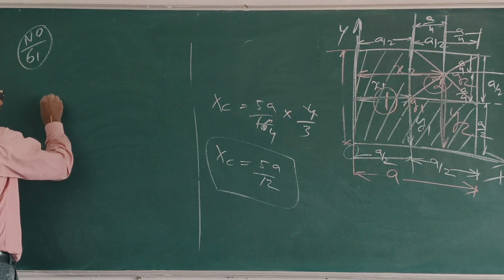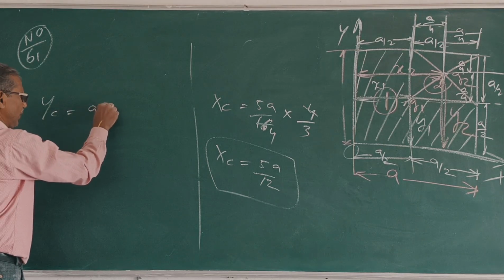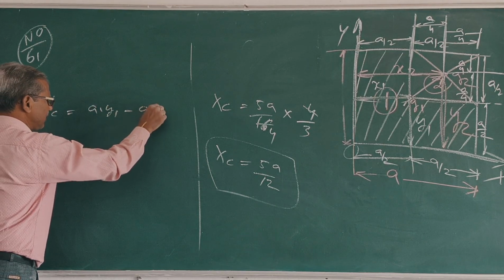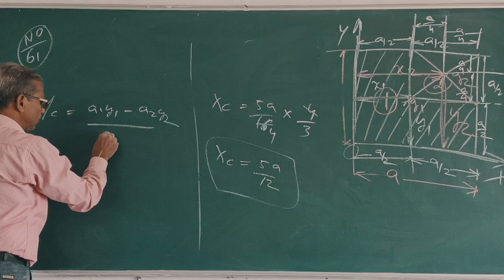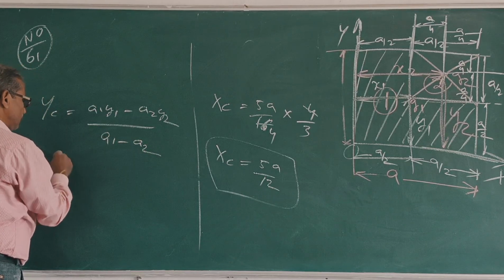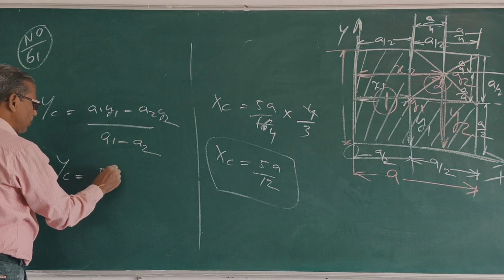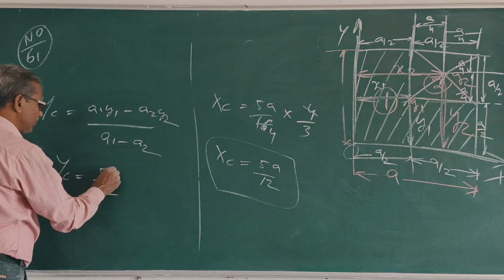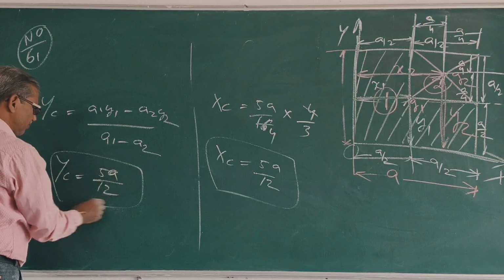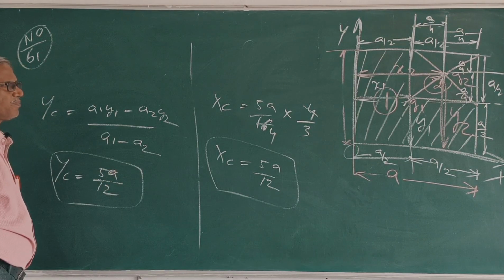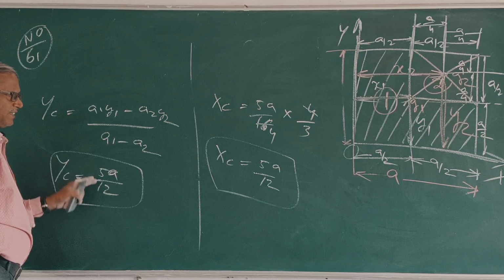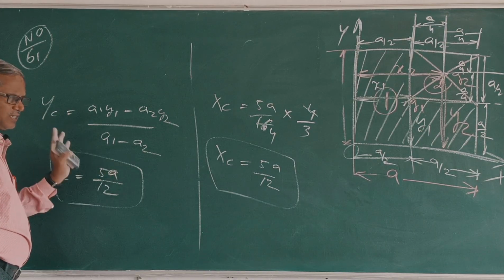What is yc? (A1 y1 minus A2 y2) by (A1 minus A2). yc is also 5a by 12. Clear? This is the area, this is xc, this is yc.